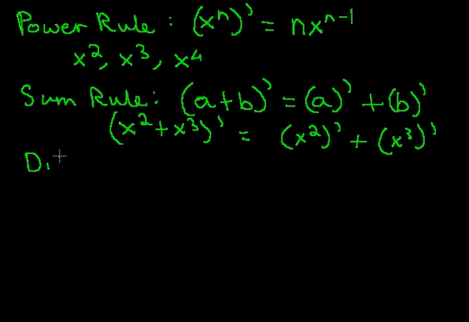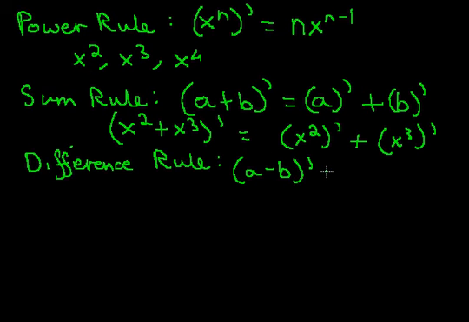Then we had the difference rule. And that's pretty similar to the sum rule. It says that if you have a minus b prime, you can break that down into a prime minus b prime.